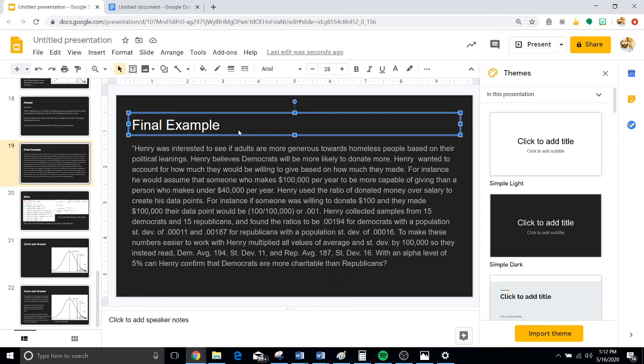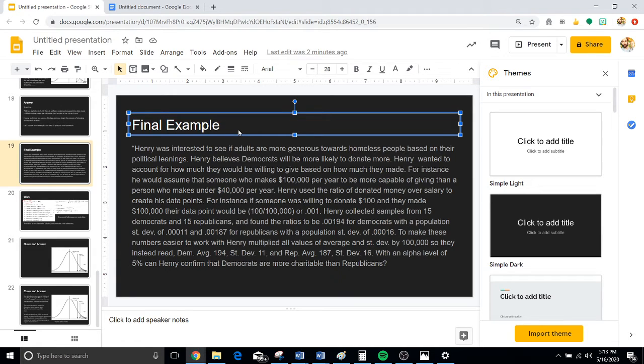or 0.001. Henry collected samples from 15 Democrats and 15 Republicans and found the ratios to be 0.00194 for Democrats with a population standard deviation of 0.00011, and 0.00187 for Republicans with a population standard deviation of 0.00016.